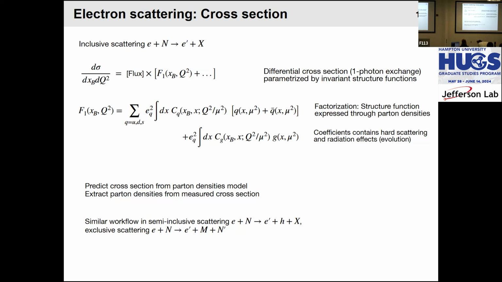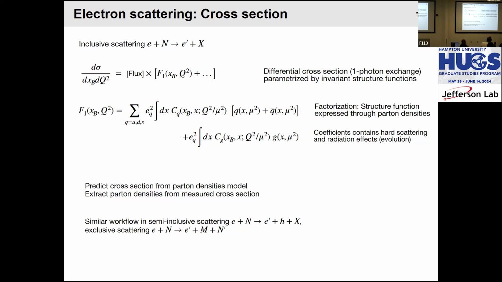This is presented here for the case of inclusive scattering. The F1 structure function is given by an integral over x of the sum of quark and anti-quark distributions.